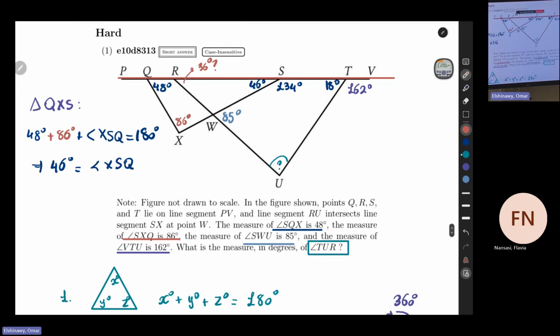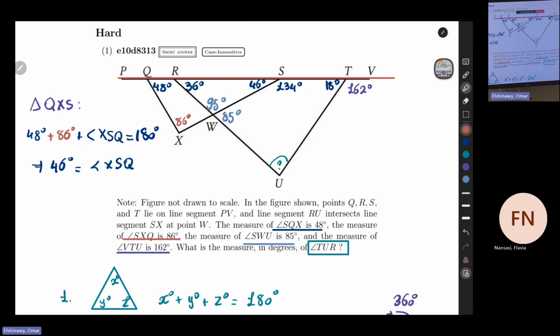I think it's very, very clever. I didn't even notice it. So if this is 95, and this is 85, and this whole thing is 180, then as Ali said, this will be 95 degrees. And then this is a triangle. And we know the two angles are 95 and 46, so this should probably be 36 degrees.